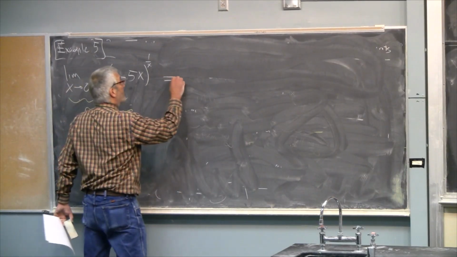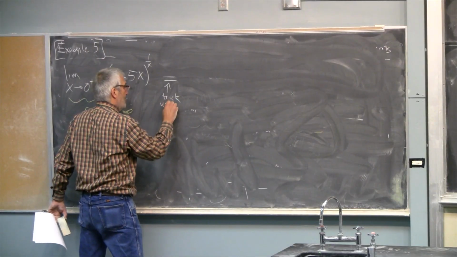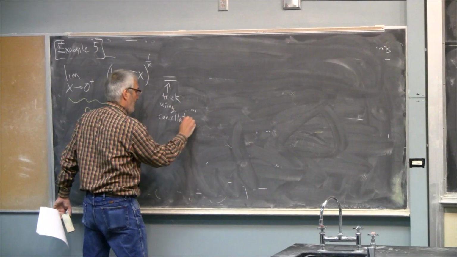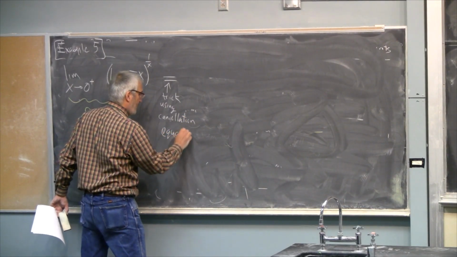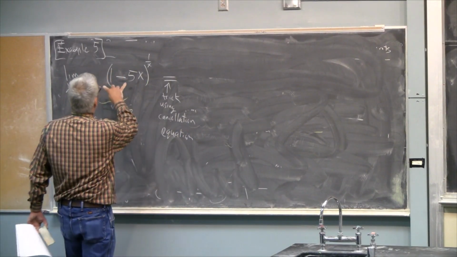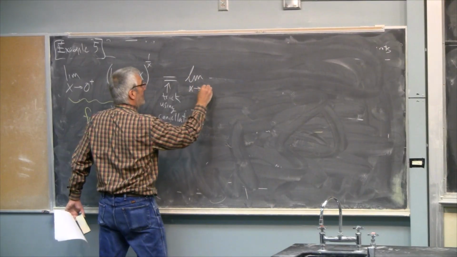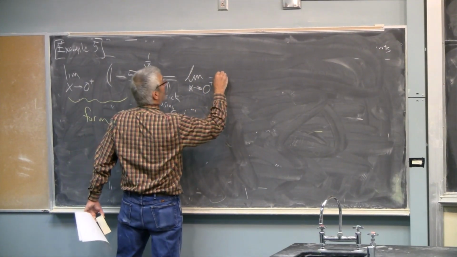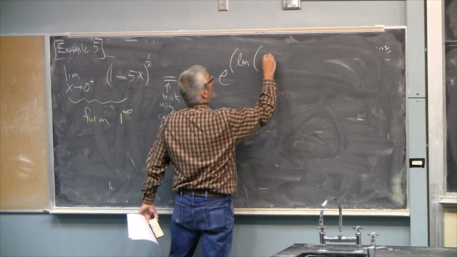So here we do a trick using the cancellation property or a cancellation equation. So I'm going to write this: e raised to the ln of that mess.